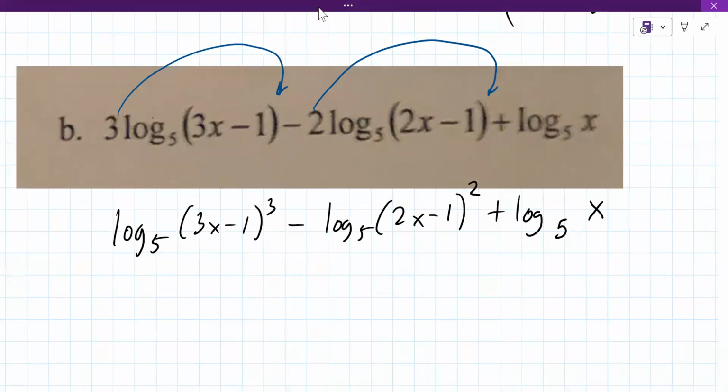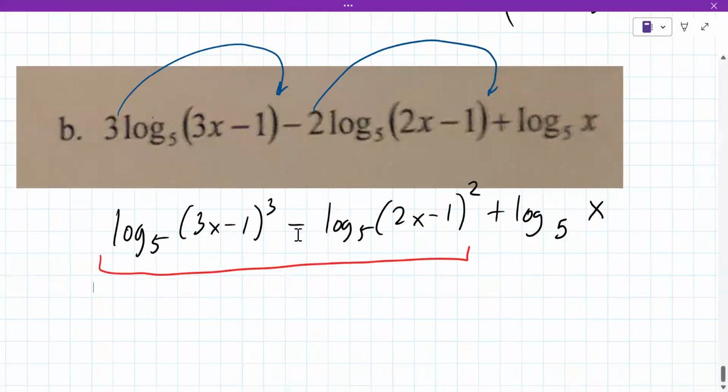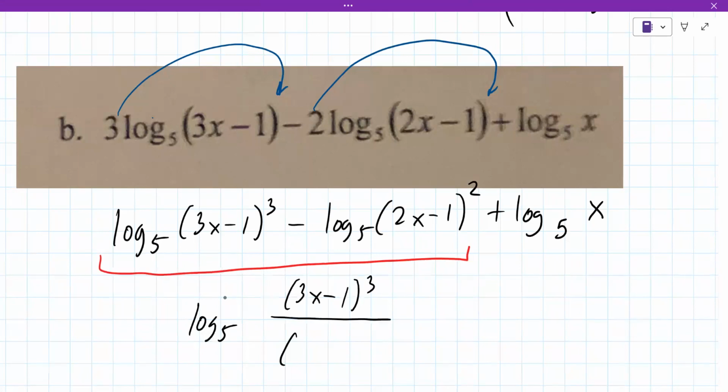So our focus will now be on the first two. Because it's a difference, it becomes a quotient. So it becomes log base 5 of 3x minus 1 cubed over 2x minus 1 squared, plus log base 5 of x.